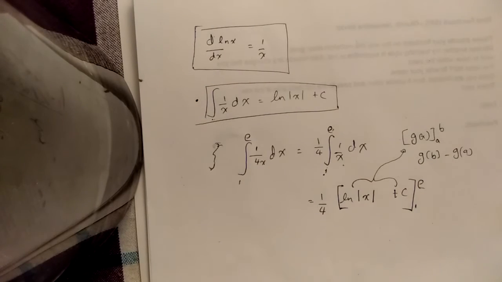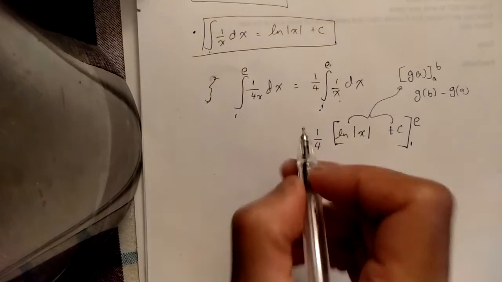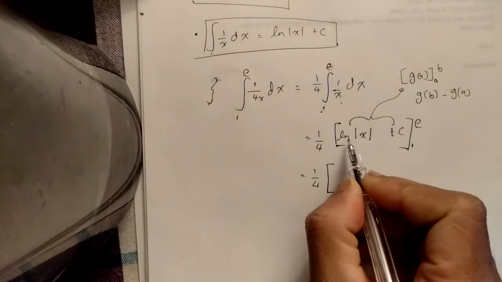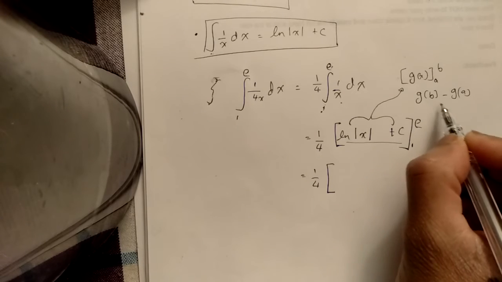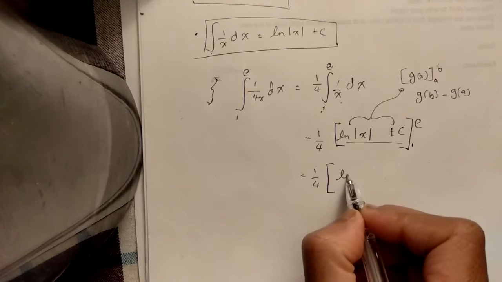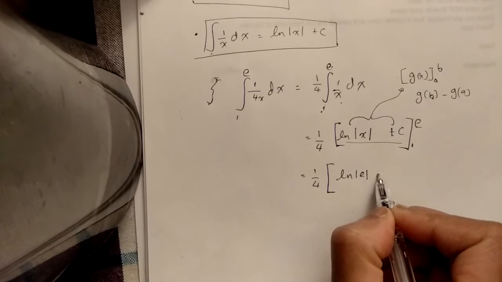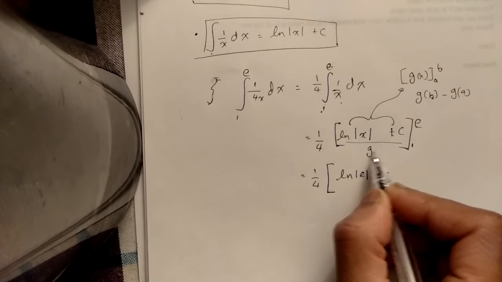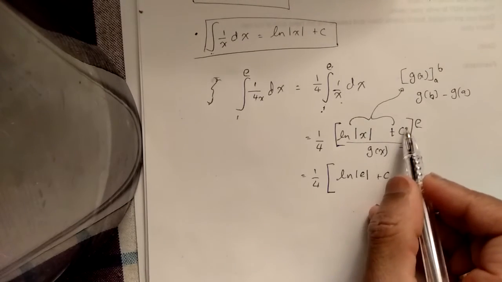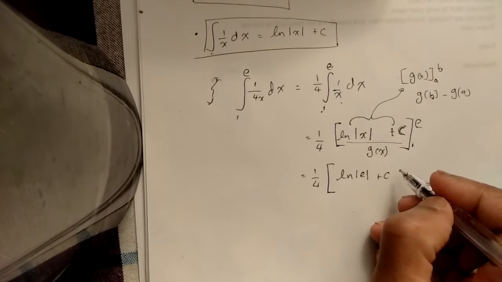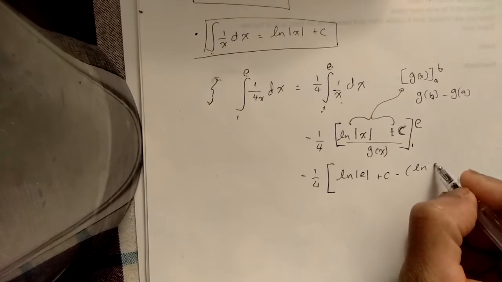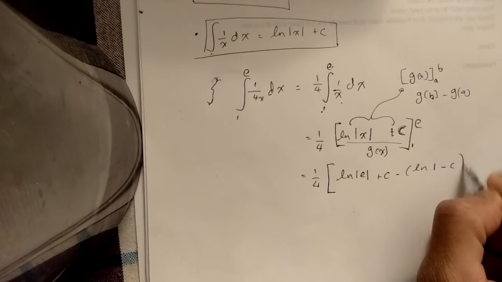So in that sense, what we have is 1 over 4 multiplied by this one evaluated at the upper endpoint e. That's ln e plus c, because this is our g(x). So when x is changed, this point will change, and since this is a constant, it will remain the same. And minus ln 1 minus c.